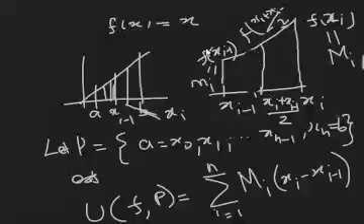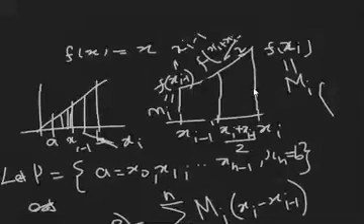So this one is x_{i-1} and this one is x_i. Then small m sub i is equal to x_{i-1}, and capital M sub i is equal to x_i.